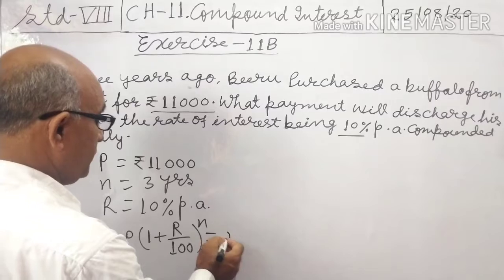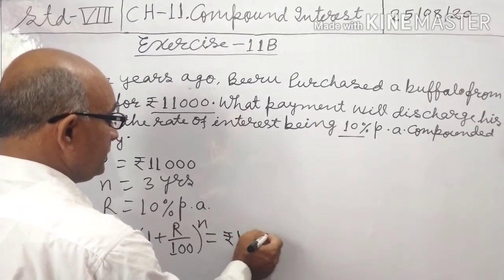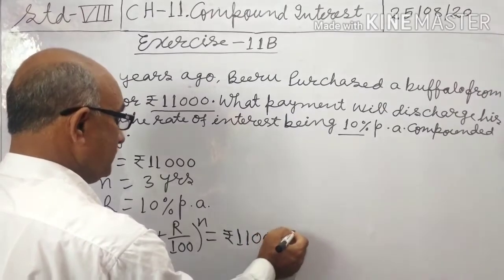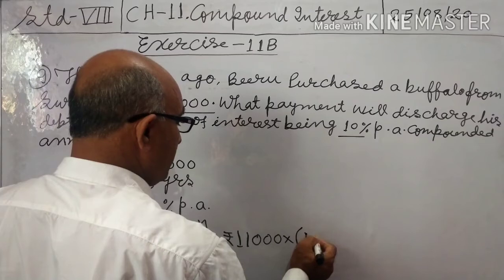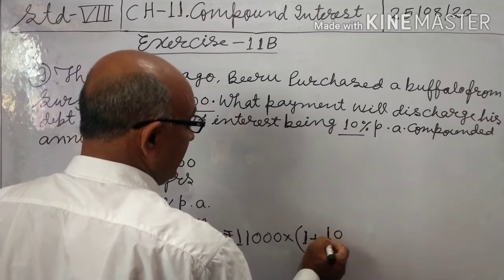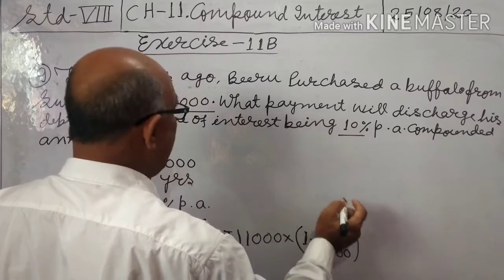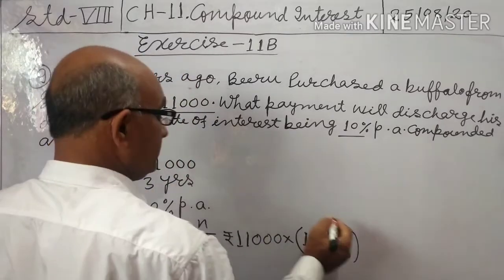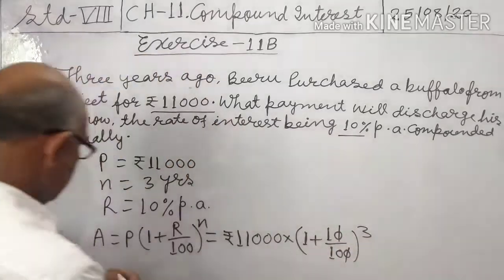Equal to rupees 11,000 into 1 plus 10 by 100 to the power N. N is 3. 10 and 10 cancel.